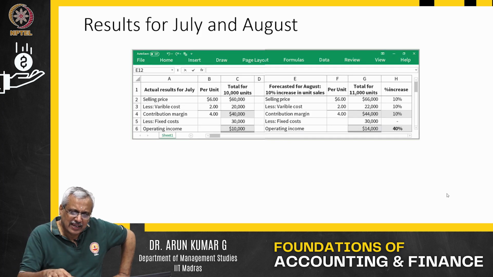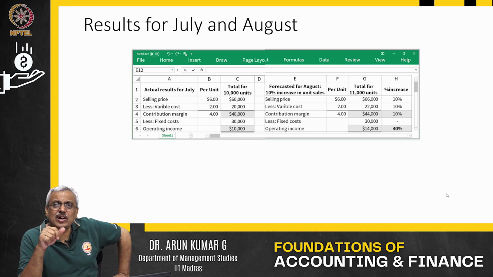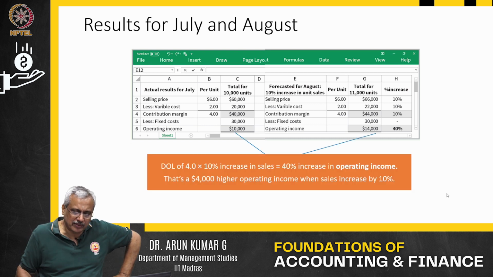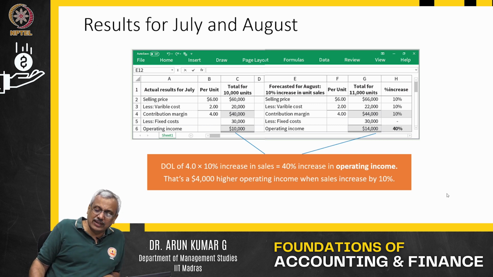Supposing he says a 20% increase in sales, that means the sales is going to be 12,000 units. 12,000 into 6. You can actually work it out that way and then calculate the operating income. So degree of operating leverage means that a 10% increase in sales leads to a 40% increase in the operating income.